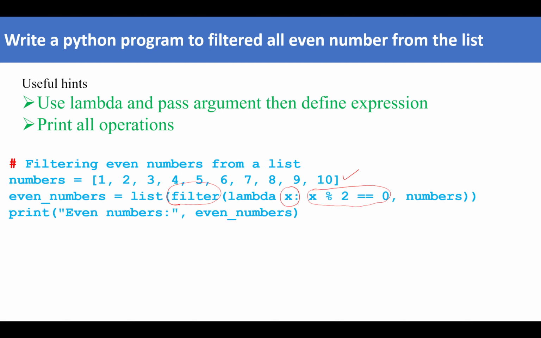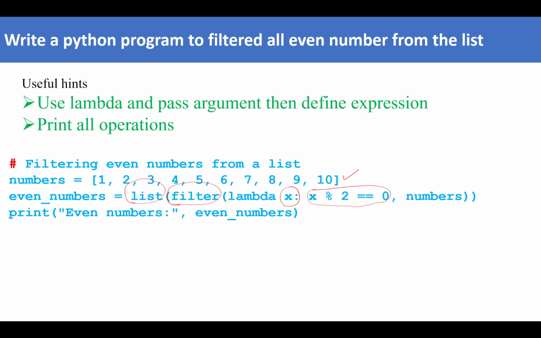What is the condition? We only check for even numbers, so only the even numbers are filtered. And after that we are using one more function, list. The list function converts the iterable returned by the filter into a list.